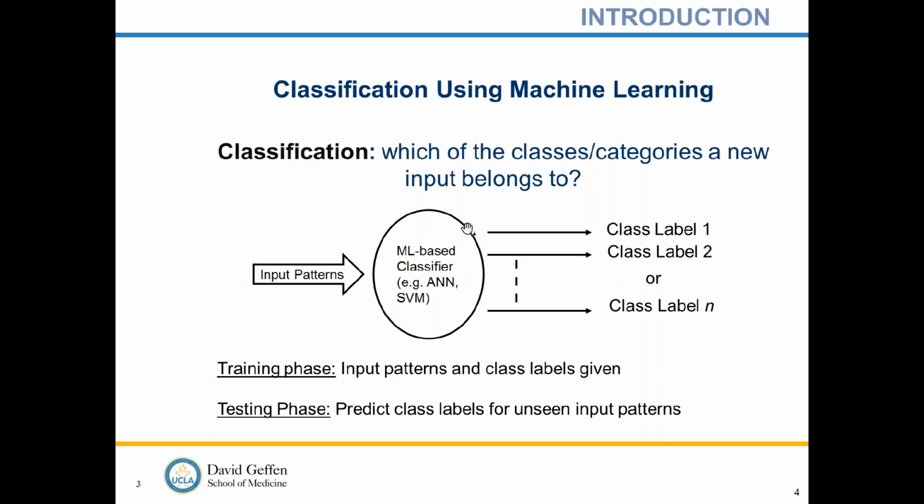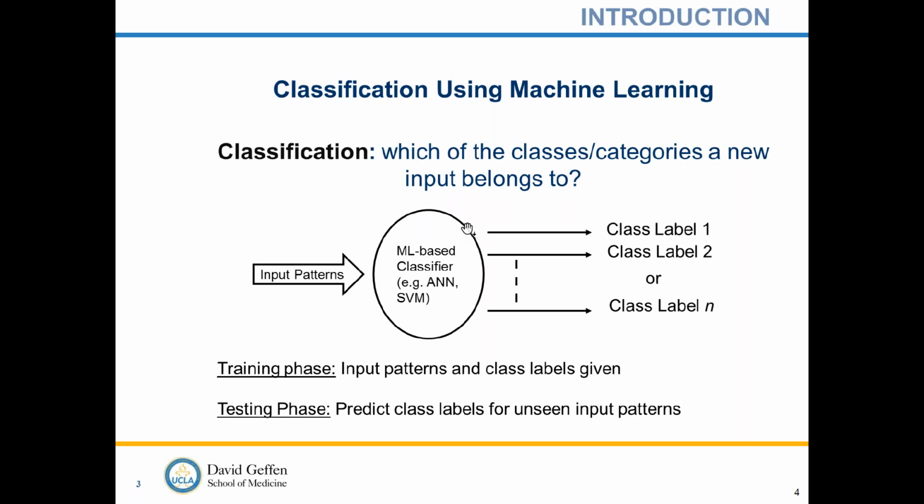So throughout this talk, I'm going to discuss classification using machine learning. For those who don't have a background in machine learning, in classification, we have some input patterns, and we're trying to categorize them in one of the given categories or classes. Generally, it has two phases.